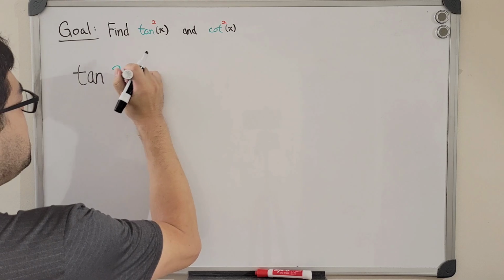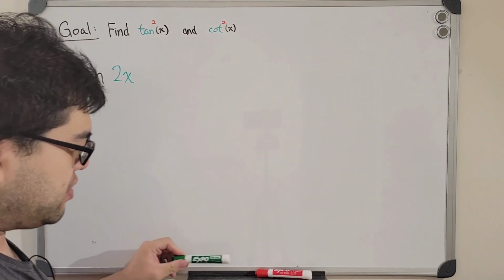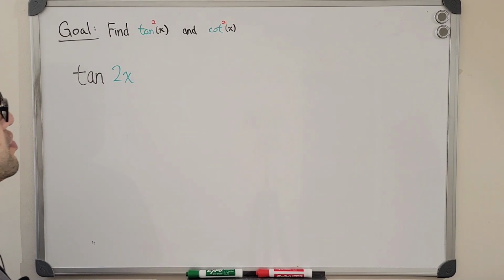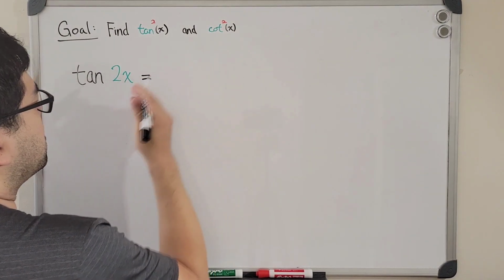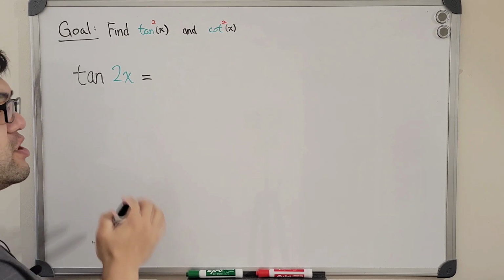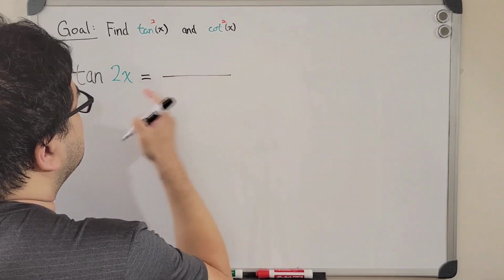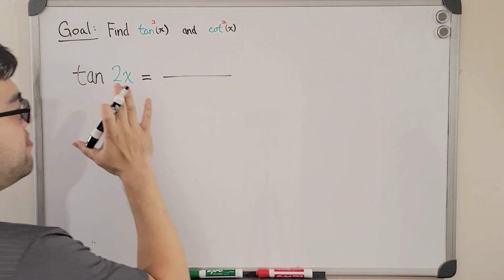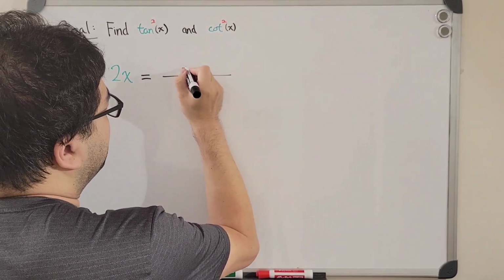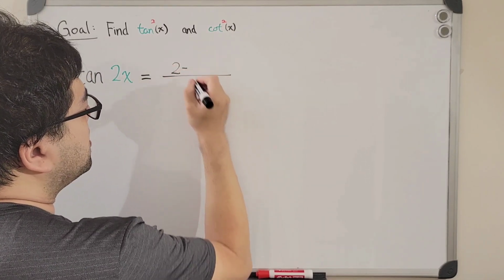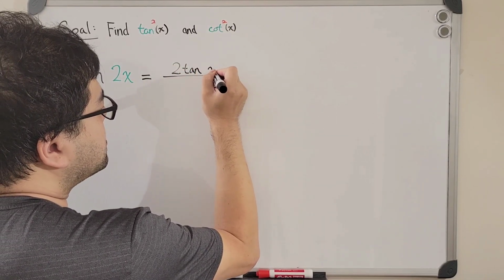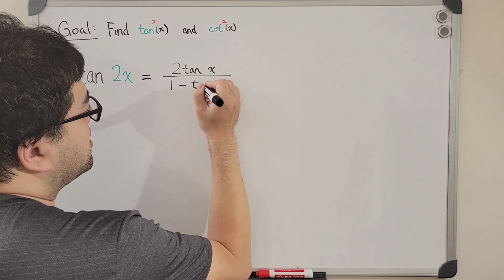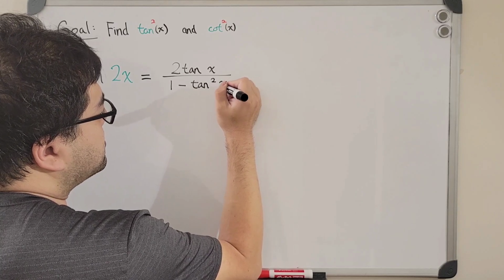Or sometimes you might use 2 alpha or 2 theta, depending on what your teacher would like to use in class. But the double angle formula for the tangent function says that tangent of 2x, where x is a dummy variable, can be rewritten as 2 times tangent of x all over 1 minus tangent² of x.